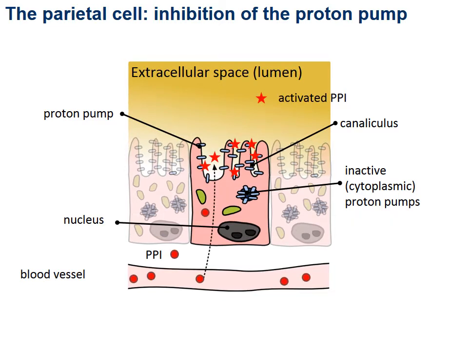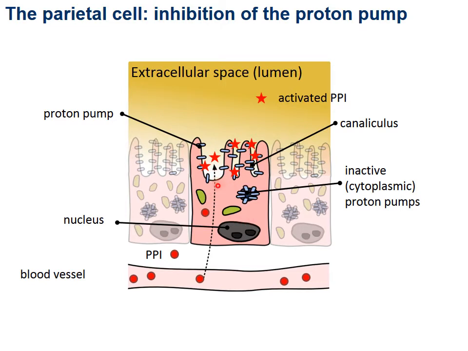When proton pump inhibitors are taken, they will enter the circulation, so here in red. They will diffuse from the capillaries through the interstitial region, across the basolateral membrane, and enter the parietal cell.